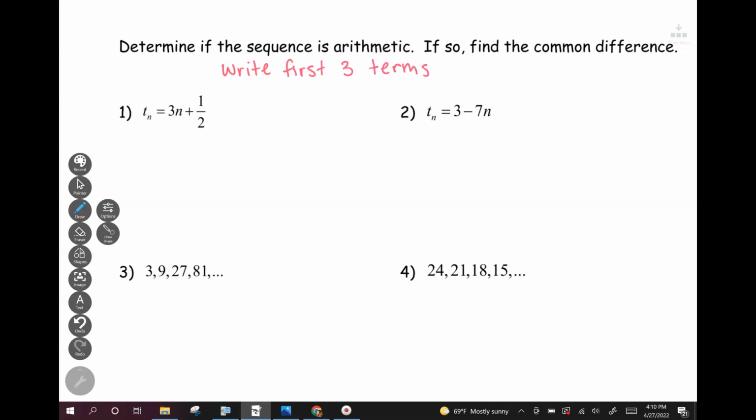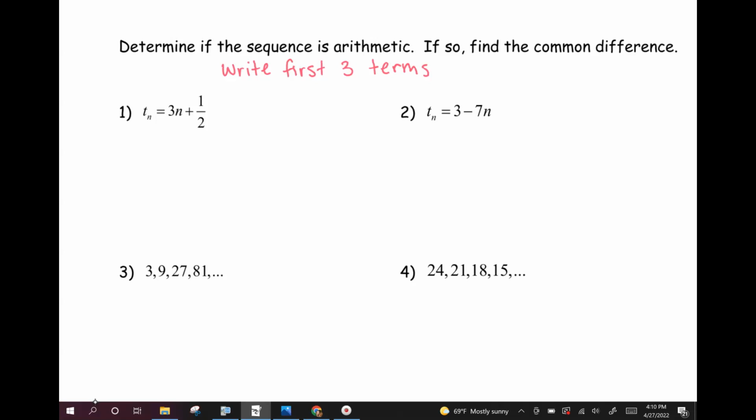And then we'll see if there is a common difference. So there are different types of sequences that we're going to talk about over the next week. Arithmetic is just one of them. So later on, you're going to be asked, is this sequence arithmetic, geometric, and so on? Okay, so we're trying to determine today just, are these arithmetic?